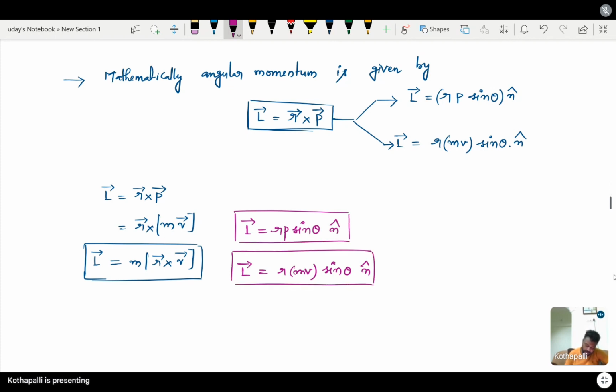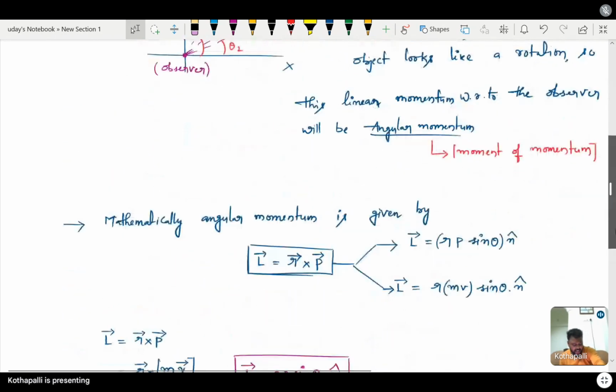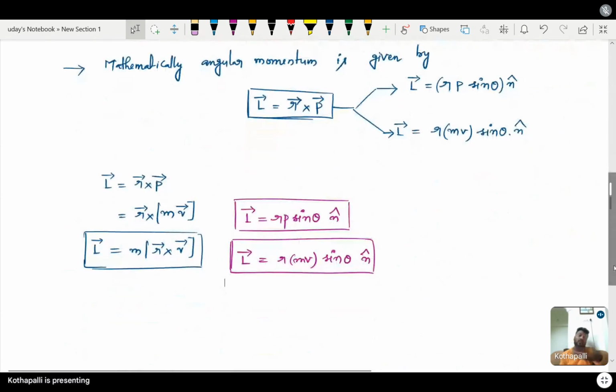Now let us try to discuss some more expressions based on this. So we clearly understood that angular momentum is a vector quantity, because the result of the cross product of two vectors is always a vector. So how to determine the final direction of this L, and why is it R vector cross P vector, why not P vector cross R vector?